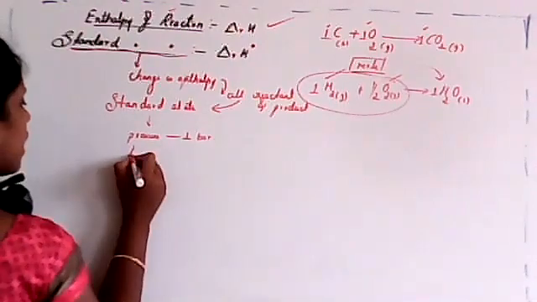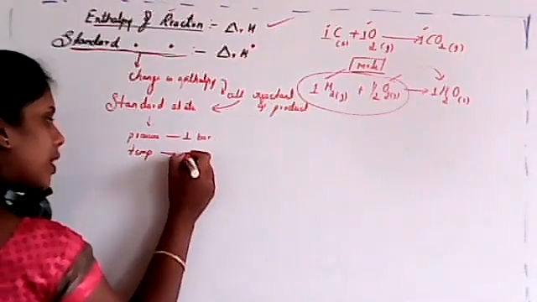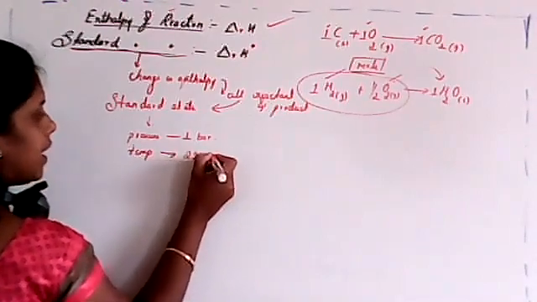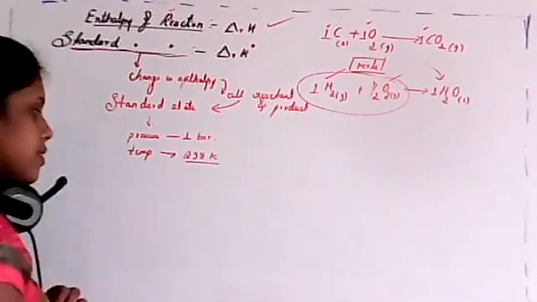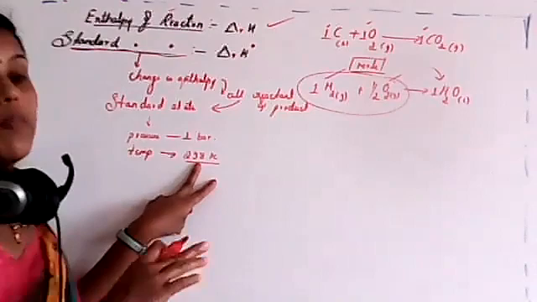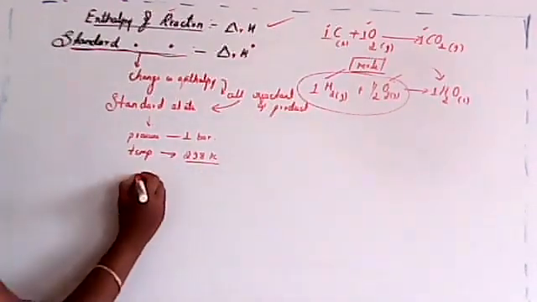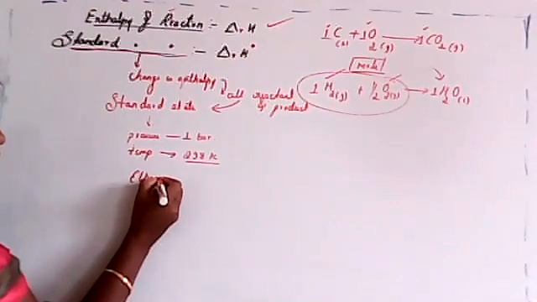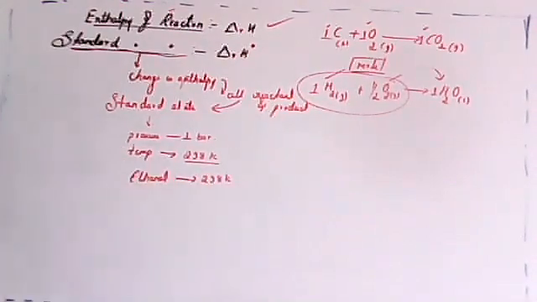But whenever it comes to temperature, in almost all cases we consider 298 Kelvin as the standard temperature. But whenever we consider different substances, it might change. I gave one example, isn't it? If we are considering liquid ethanol, its standard temperature is 298 Kelvin.